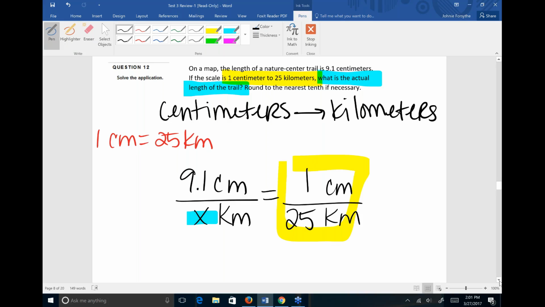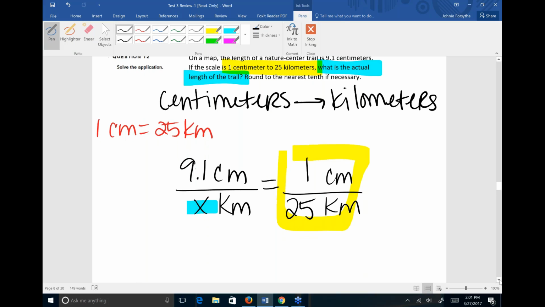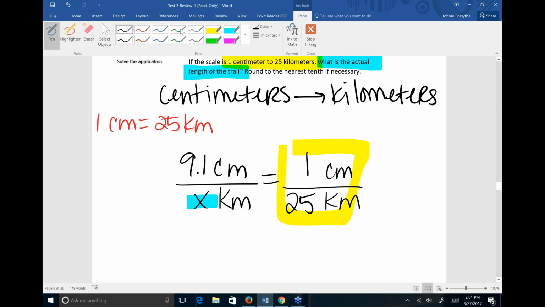And so now we have a rational equation to solve. So we can just cross multiply. So we have 9.1 times 25 equals x times 1. So basically 9.1 times 25 equals x, which is what we're trying to find.